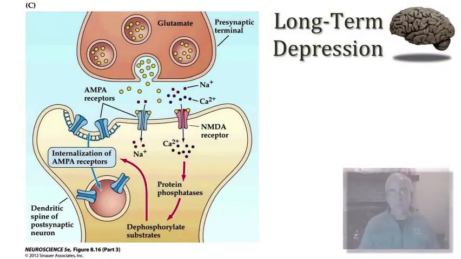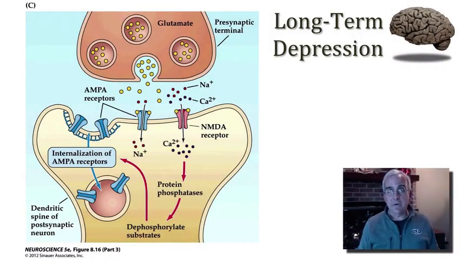Well, let's consider the molecular mechanisms of how long-term depression is induced and how it's sustained over time. Long-term depression, like long-term potentiation, requires the activity of both the presynaptic element and the postsynaptic process. So there is a requirement for activity in order for the synapse to be depressed. But what's different is the nature of that activity.